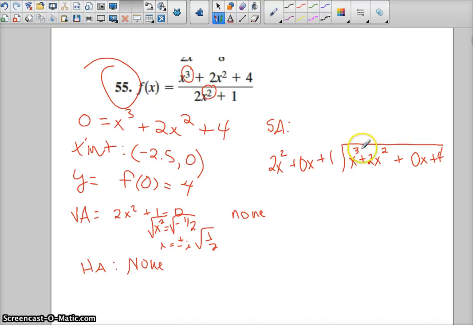To begin, we divide the first term inside by the first term outside. So I'll do a little bit of scratch work. x to the third divided by 2x squared will reduce to x over 2, or you can also think of that as 1/2 x. Recall, when you're performing long division, it's very helpful to keep the like terms lined up vertically.